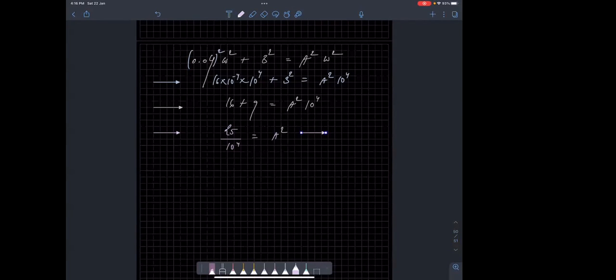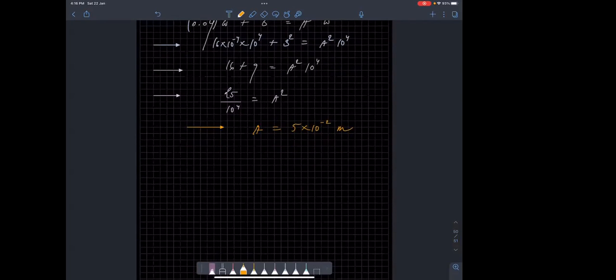What is a equal to? Implies a equals plus or minus 1 by 2, I think it is 5 into 10 power minus 2, right? Meters.